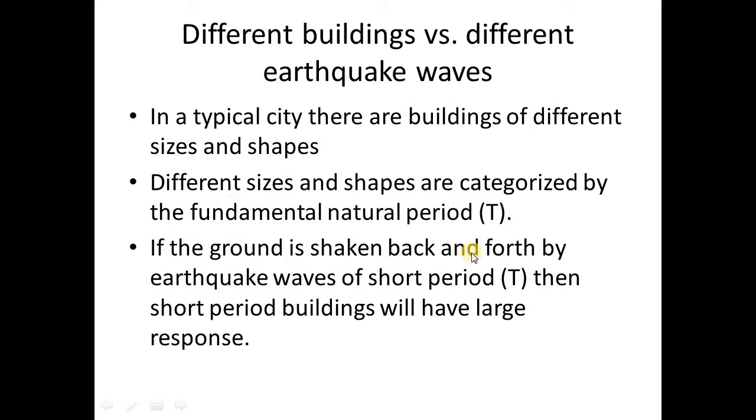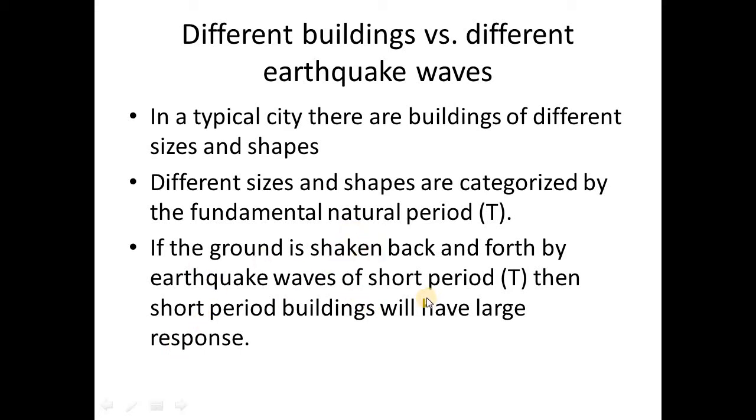If the ground is shaken back and forth by earthquake waves of short period, if we assume that the ground is shaken by an earthquake force, and that force has one type of waves, and those waves were of short period, then you're going to see only buildings of short fundamental natural period, which means rigid buildings, have a large response to that earthquake force.